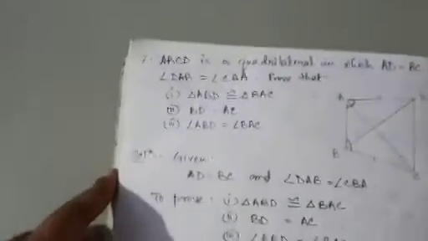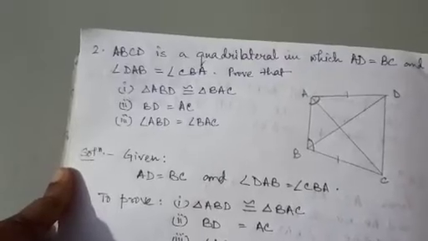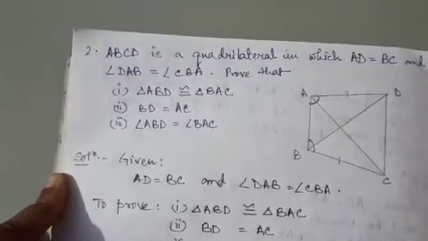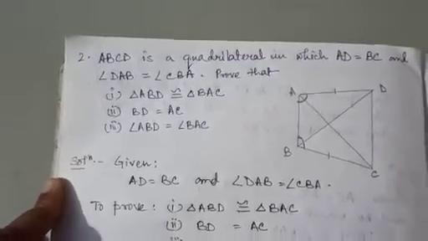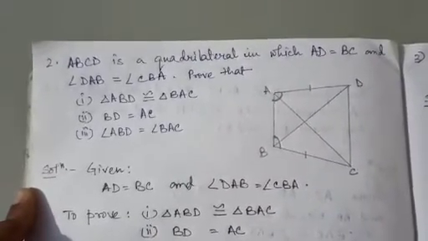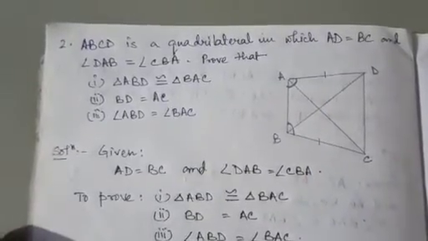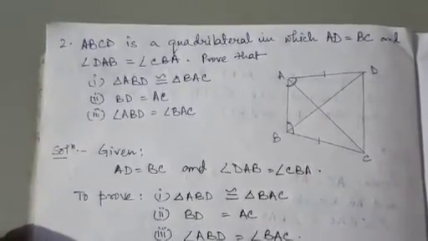Now let us go to the second sum. In this sum, we can see the question says ABCD is a quadrilateral. You can see the figure in which AD is equal to BC. It is already marked in the diagram. And angle DAB is equal to angle CBA.